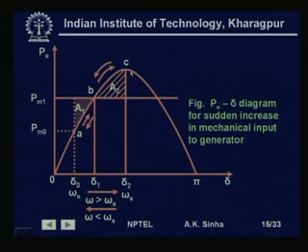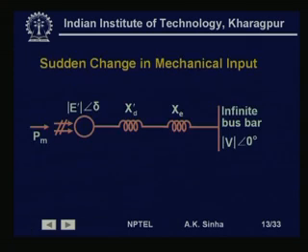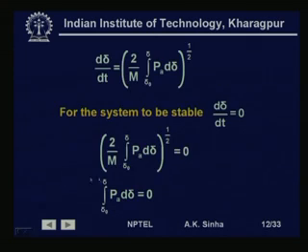Now, if we look at the previous relationship here, we said that for the system to be stable, integral P a d delta must be equal to 0, and this is from delta 0 to delta, that is the final or the maximum excursion of delta angle.